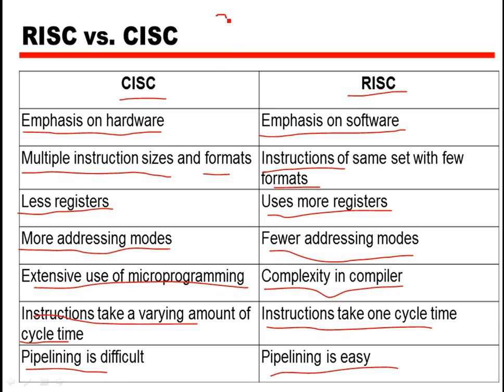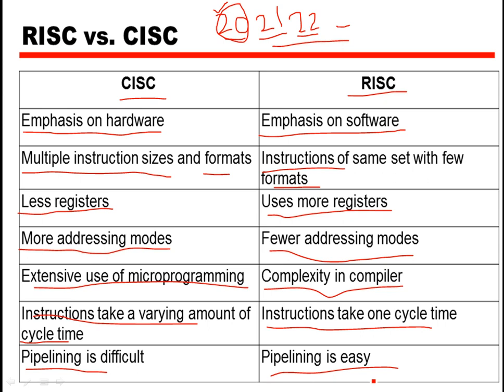Pipeline is nothing but, for example, if the processor is executing 20 this particular data, and in a queue you have 21, you have 23, like this. So while processing this particular data, the processor can line up the data in a sequence. This thing is called the pipeline. So in the CISC architecture our pipeline is very difficult, and in the RISC architecture, pipeline is easy.